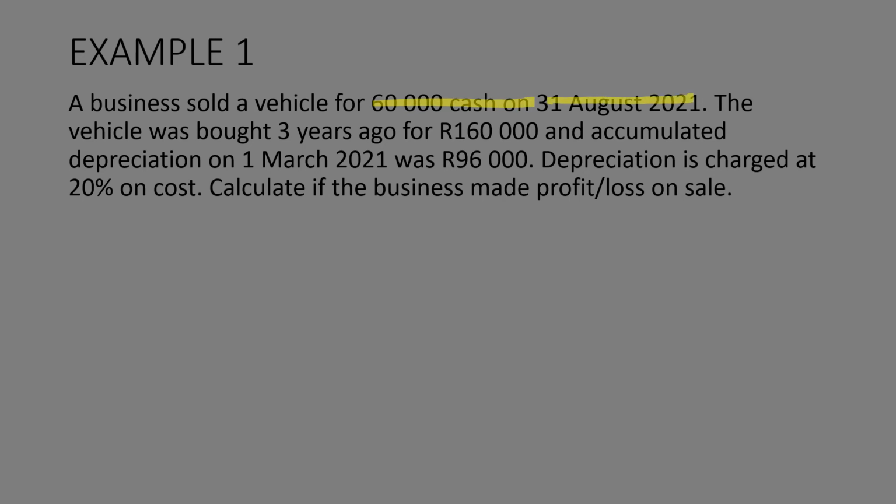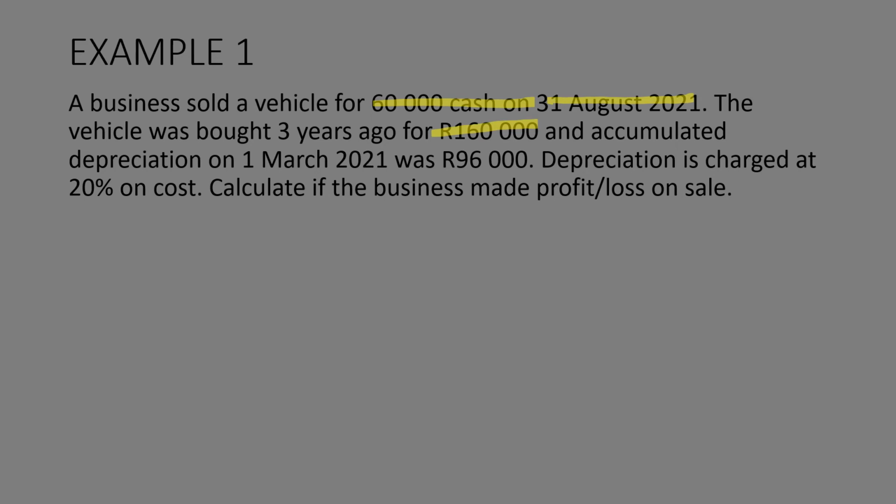The vehicle was bought 3 years ago for 160,000, right? So the purchase price and accumulated depreciation on 1 March 2021 was 96,000. Depreciation is charged at 20% on cost. Calculate if the business made a profit or loss on sale, right?